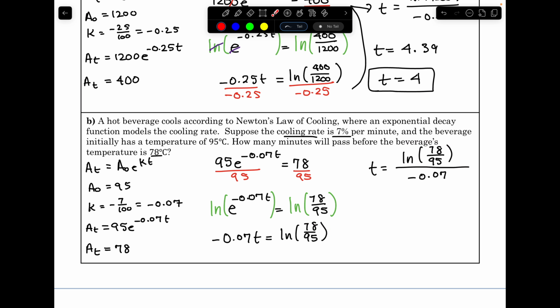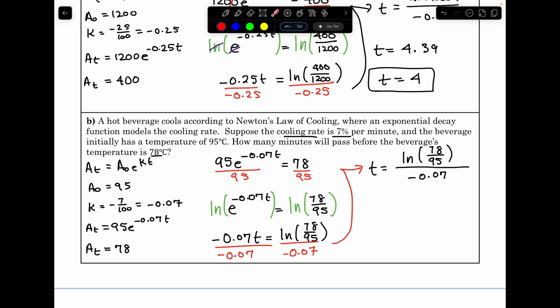And the only thing left to do now is to divide both sides of the equation by this value of k, so I can isolate the t. And that gives us that value there. This is going to reduce out, isolating the t, and there is what t equals, right there.